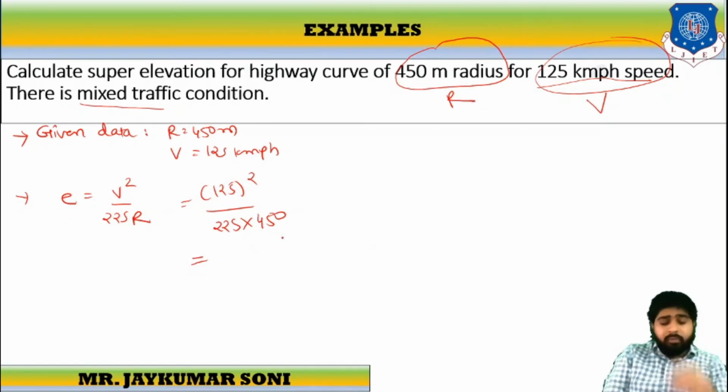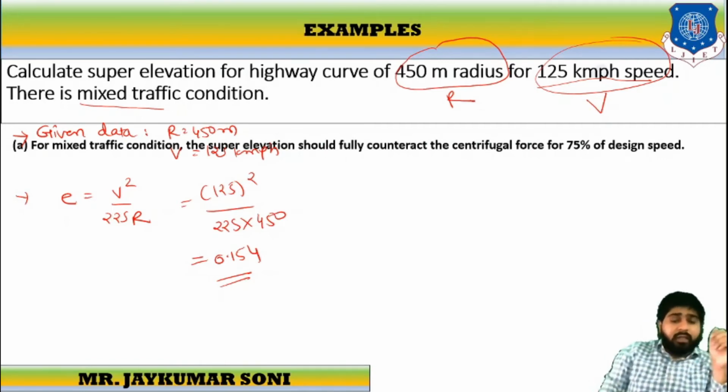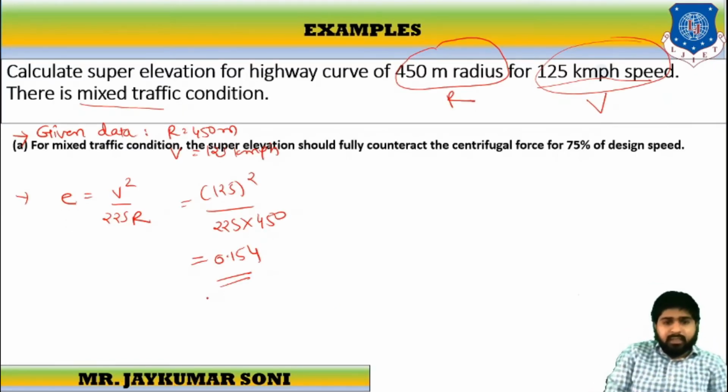It will be 0.154. Now, we know that the maximum allowable value for super elevation is less or equal to 0.07. This is more than that, so this will not be okay.